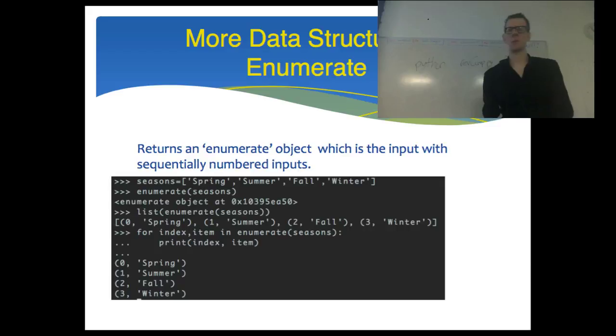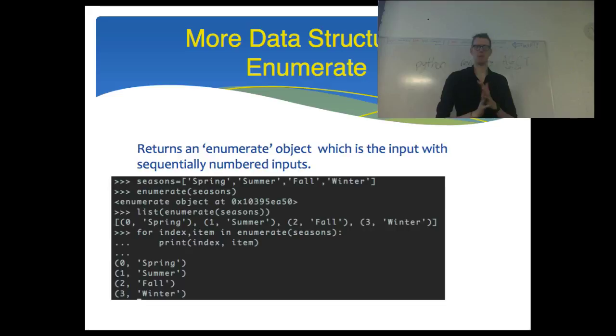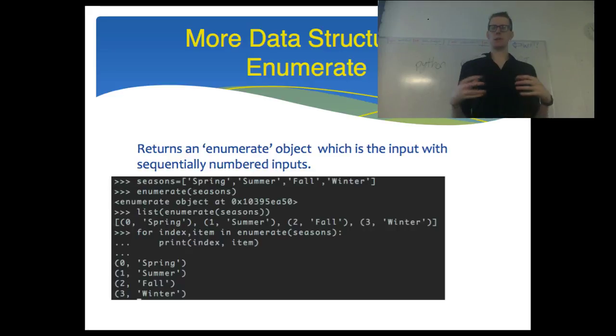So I just need to introduce a couple more data structures that aren't widely used, but you might see, especially if you pick up other people's code and need to extend perhaps code that exists within your lab already. The enumerate function is a great way of adding indexes to lists. So it's a great way of pairing numbers with values in a list, for example.